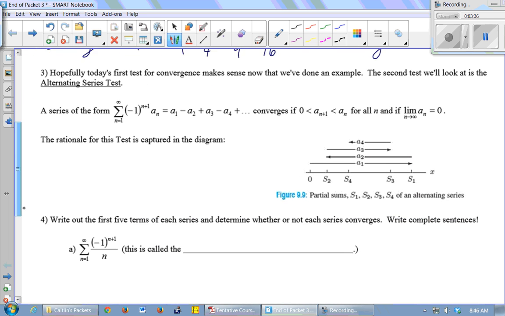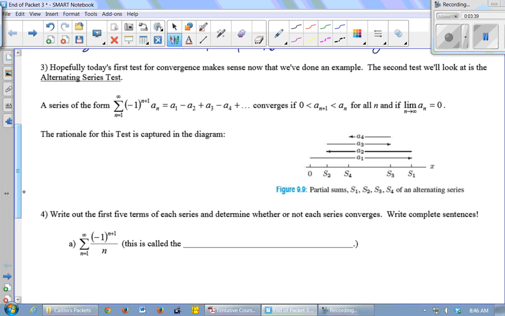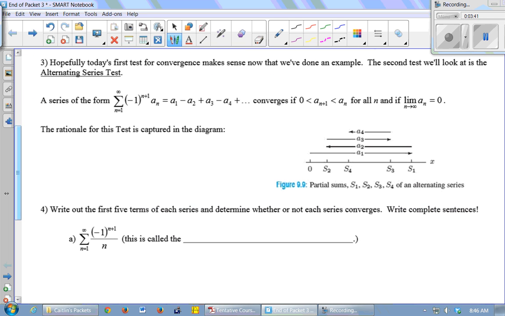All right, so hopefully that makes sense now that we've done an example. The second test we're going to look at is the alternating series test. So if the terms alternate positive, negative, and the terms are getting smaller, and the terms are approaching 0.